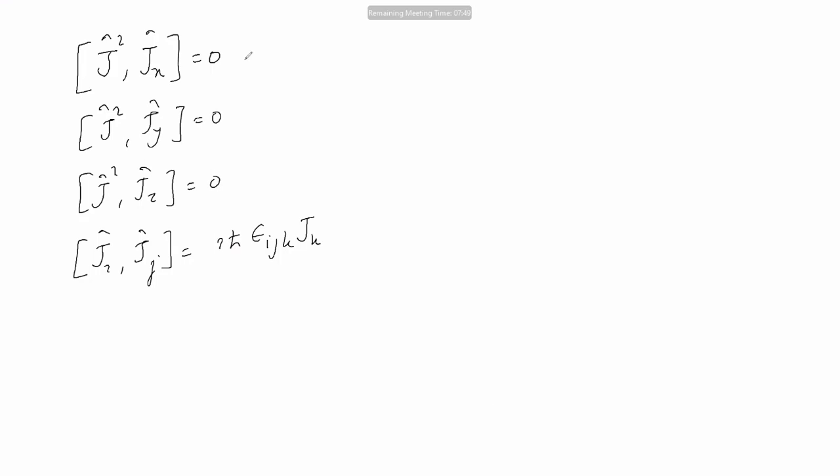Now, what does this mean? That the commutator of J square and Jx is 0. This means that J square and Jx can be represented by a joint eigenstate with different eigenvalues.